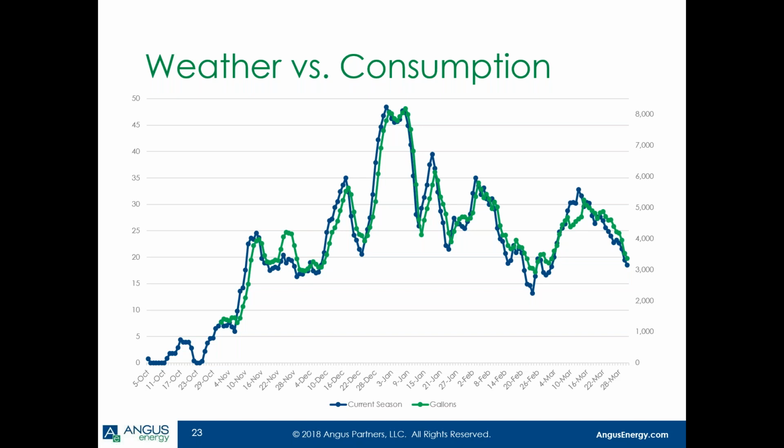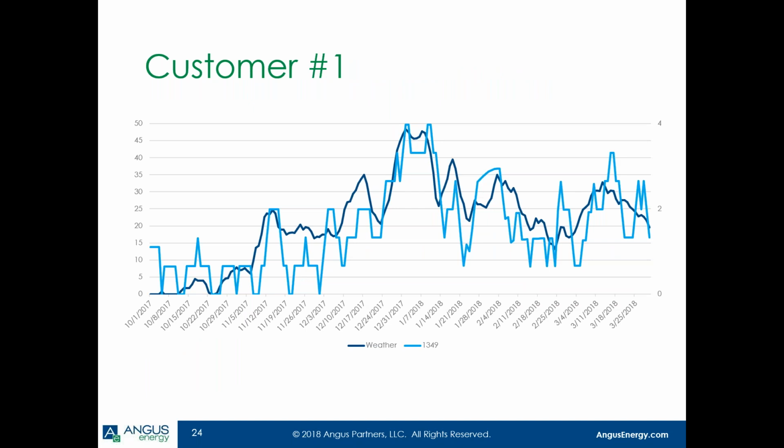Okay, so right away, this looks like it matches well, but we're just going to give you an example of 3 customers out of the 1,000 customers that we looked at. Here's one where you can see the black line again is the weather, the average, and all of a sudden it doesn't look as good. November, they took a lot less gallons. January seemed pretty good. February took a lot less. So this all of a sudden doesn't match.